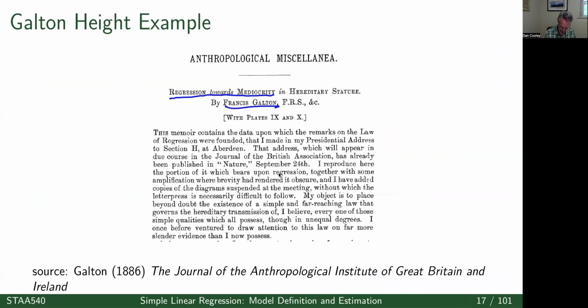So anyway, this term regression, which is basically the primary focus of this class, came from Sir Francis Galton. It came from this article, and it really came from this idea that the influence of height is less than a 45-degree line.